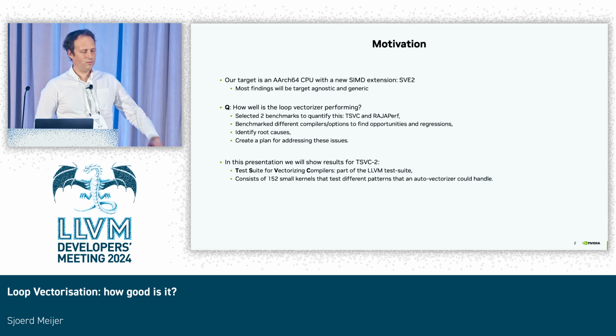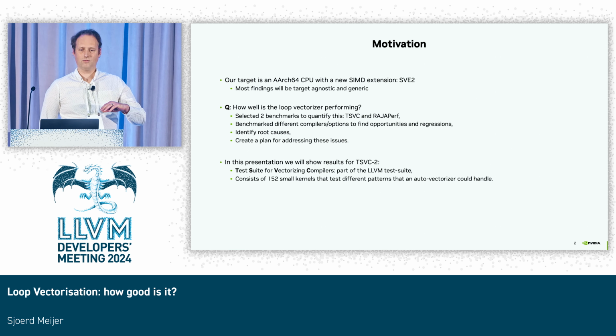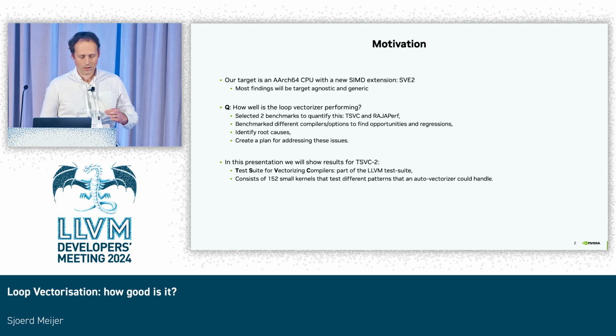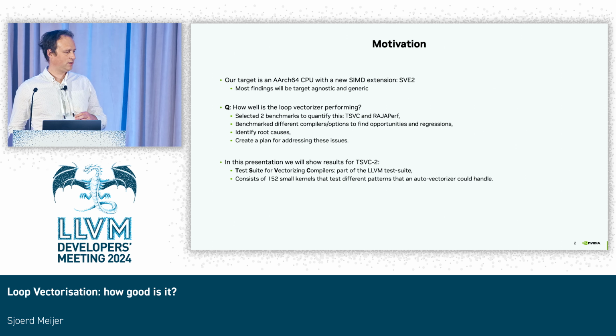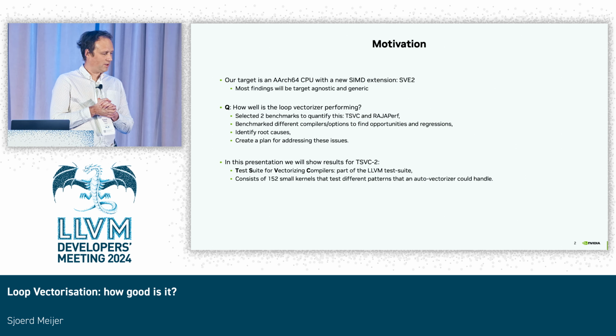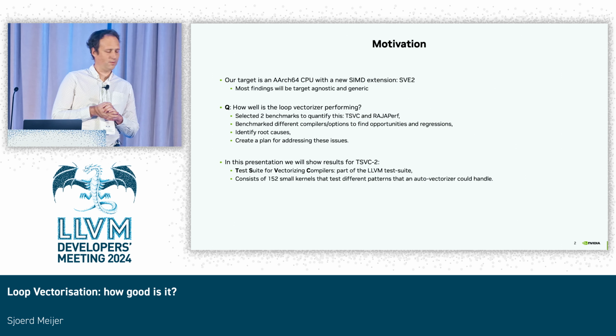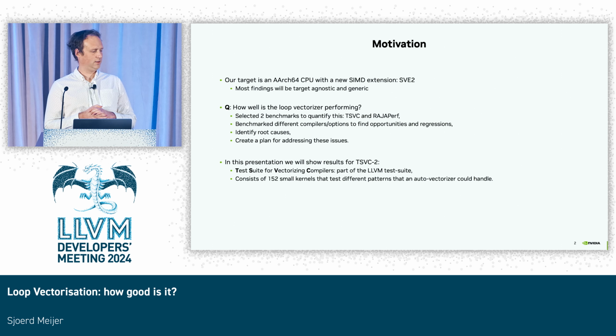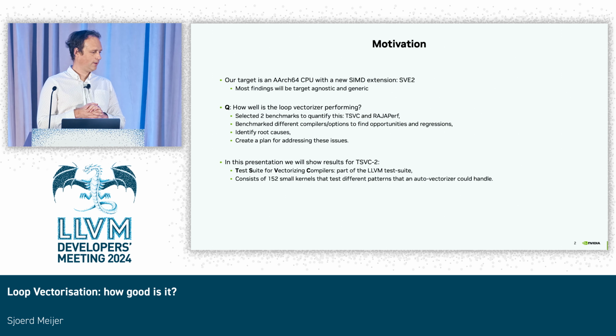And in this way, we were finding outliers, and we were finding opportunities and regressions. So the next step is then, okay, we want to identify the root causes and create a plan for addressing this. So that's what this talk and work is about.